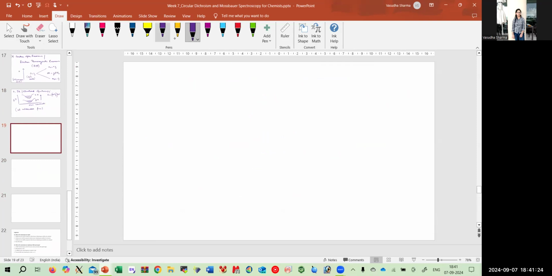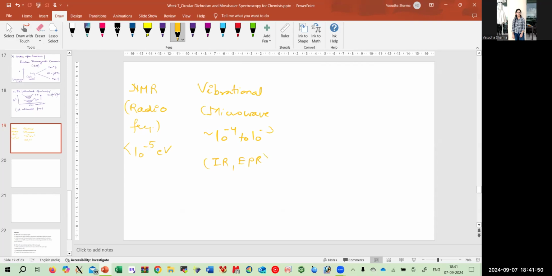Now what we have seen is the sequence. NMR requires radio frequency, which lies in 10 to the minus 5 electron volt, followed by vibrational, which is the microwave, approximately 10 to the minus 4 to 10 to the minus 3. This is required by IR and EPR.